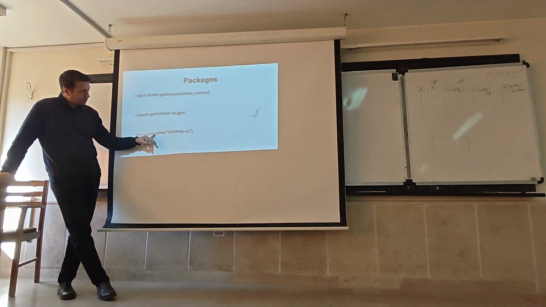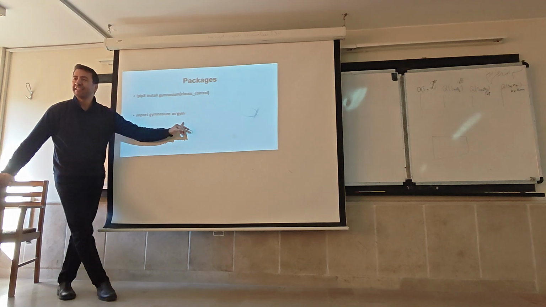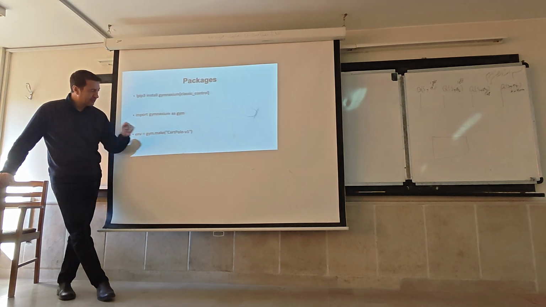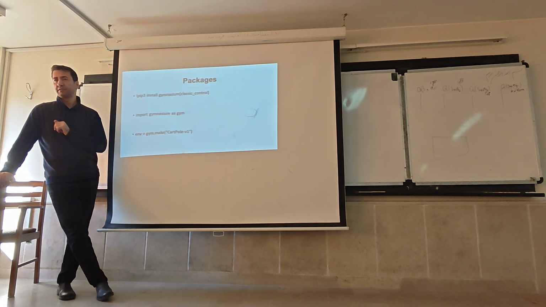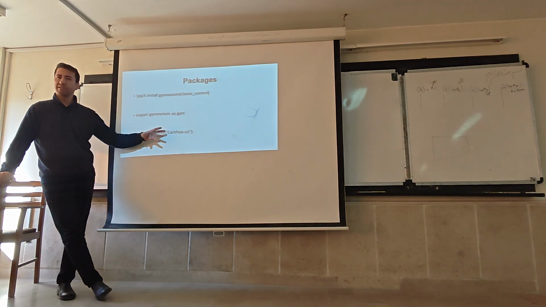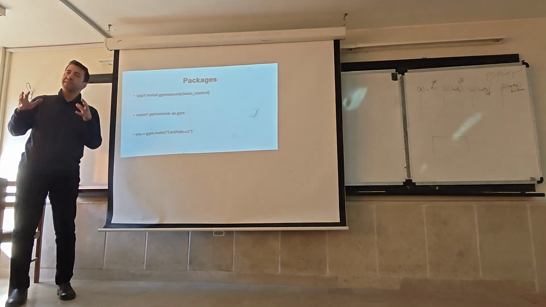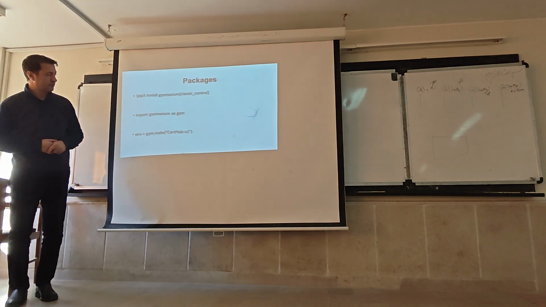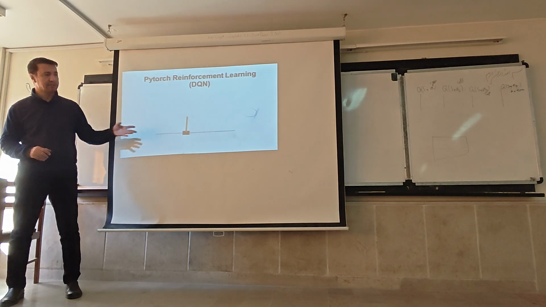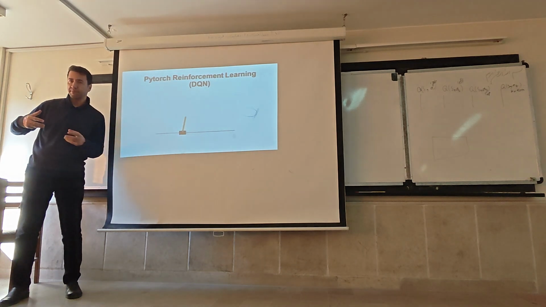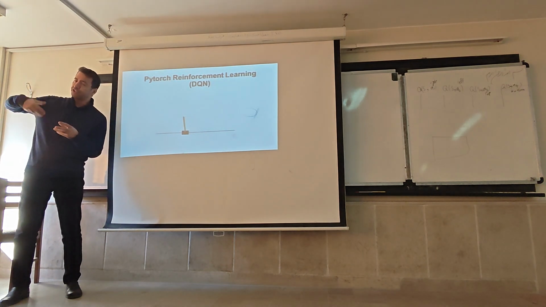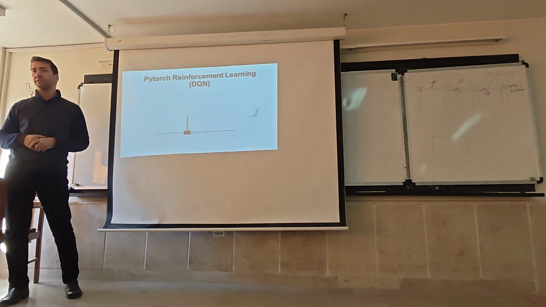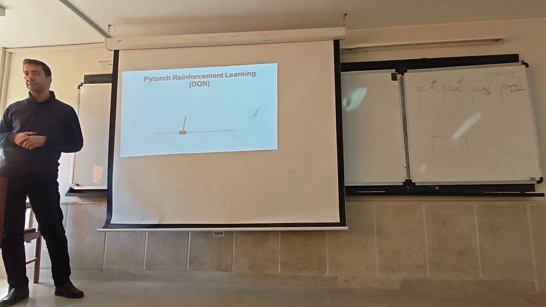So we say gym.make and we write the name of the game. Here, for example, the name of the game is CartPole. For every game we want, we write the name, and it will be like a simulator of that game. Based on the simulator we train, and it will show it as a visualized form for us.